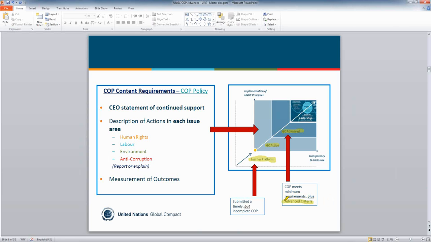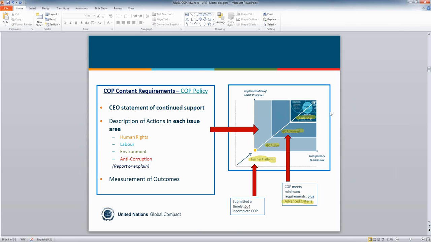In addition to these three basic levels, we have a leadership level. We call it the LEAD program. This is a program that started as a pilot a few years ago and is by invitation only.